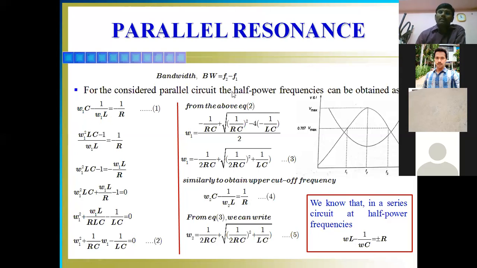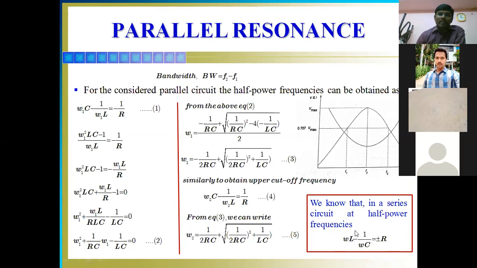Here we derived the condition omega L minus 1 by omega C equals plus or minus R. This is the condition for series resonance. We know that in a series circuit at half power frequencies, omega L minus 1 by omega C is equal to plus or minus R.